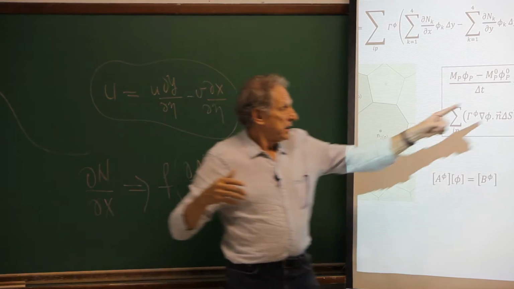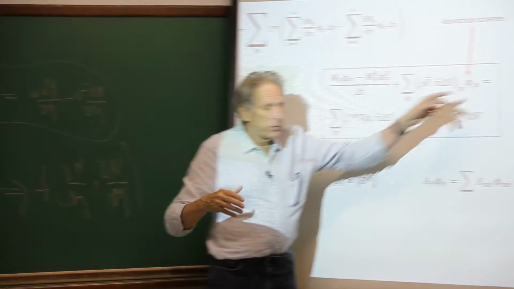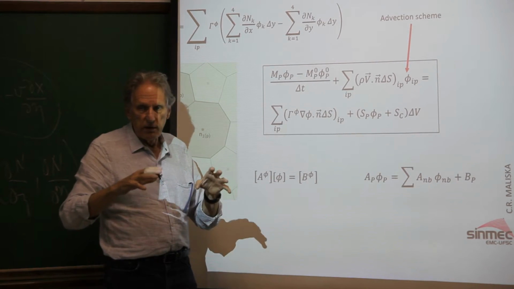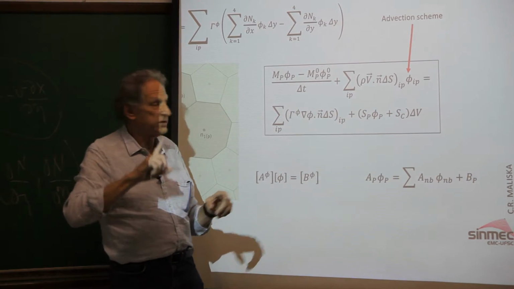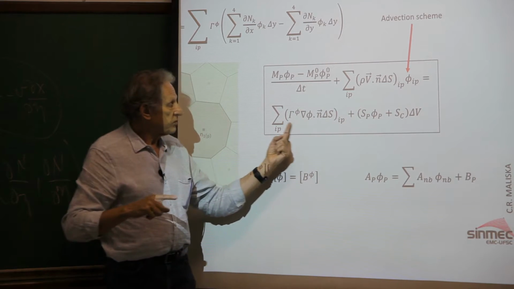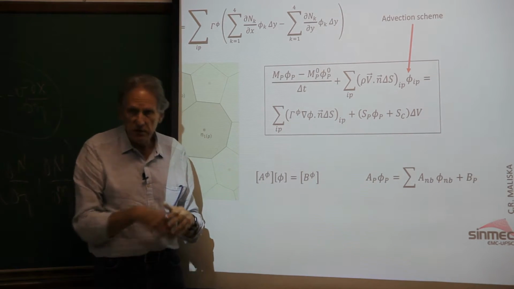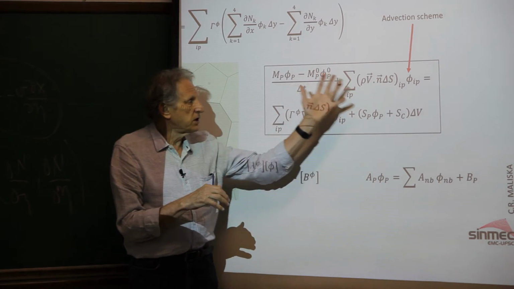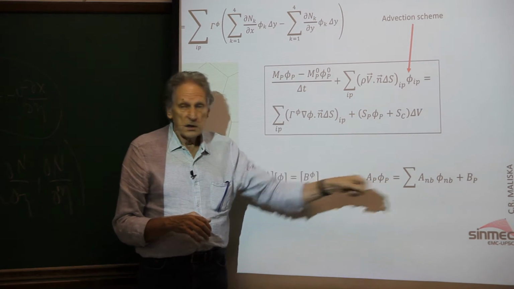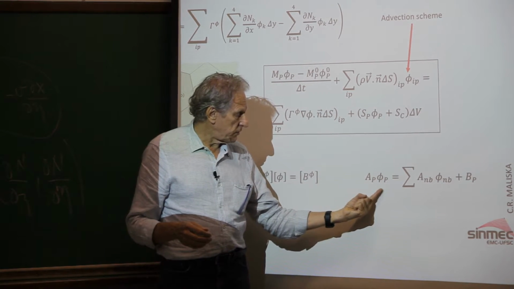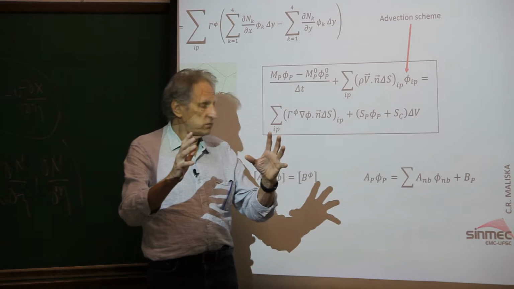So any term will be a function of the nodal phi's. And also here, because when you use the shape function, it will be a function of the nodal values. Everything is from the nodal values.